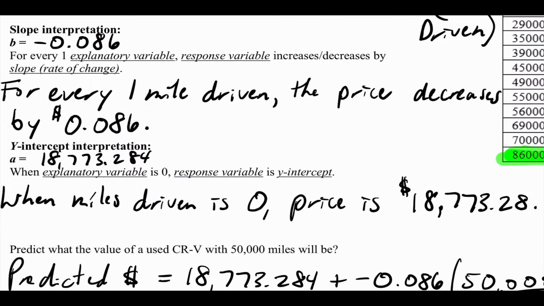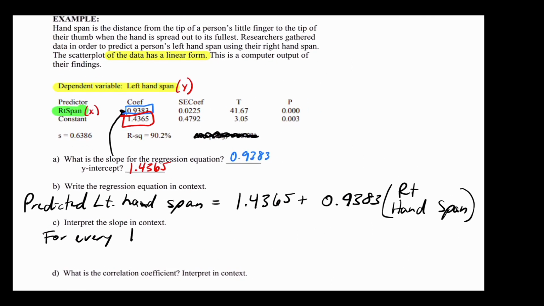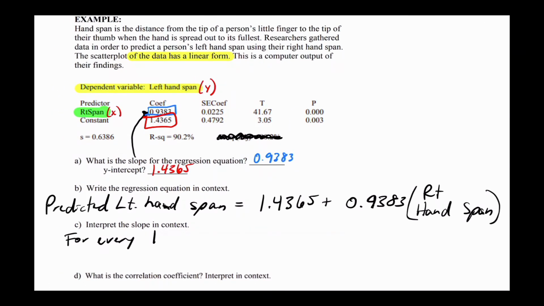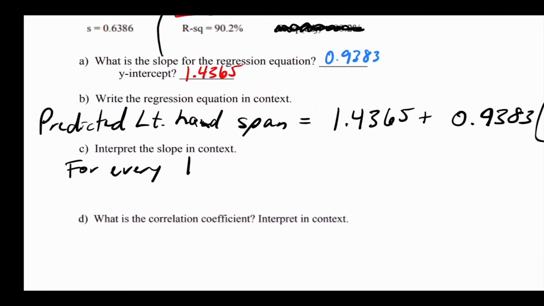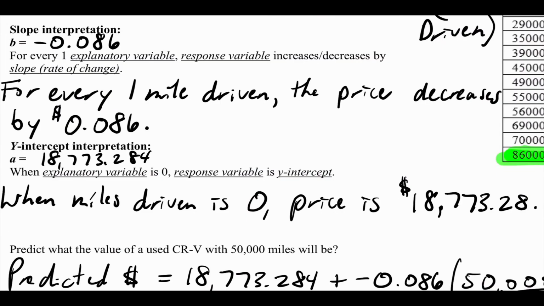Okay. So for the one we just did, we would say for every one, does it say it uses inches? I don't want to assume it's inches, so we'll just say 1 unit of the explanatory variable.